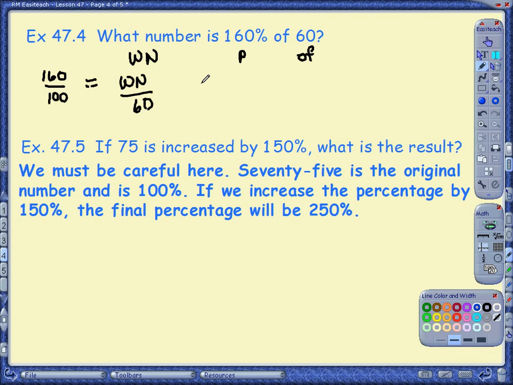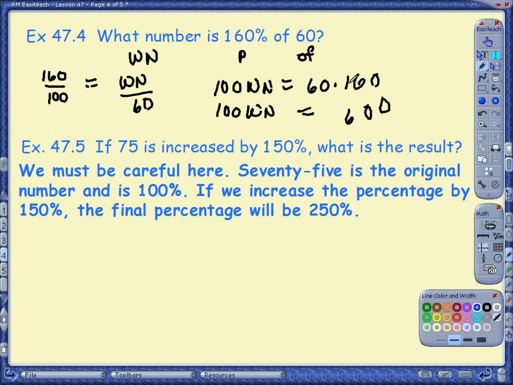We're going to cross multiply again. 100 times what number equals 60 times 160. We're going to multiply this out, so we get 100 times what number? We get 0, 0, 36. 6 times 6 is 36. 6 times 1 is 6. Carry a 3 is 9.